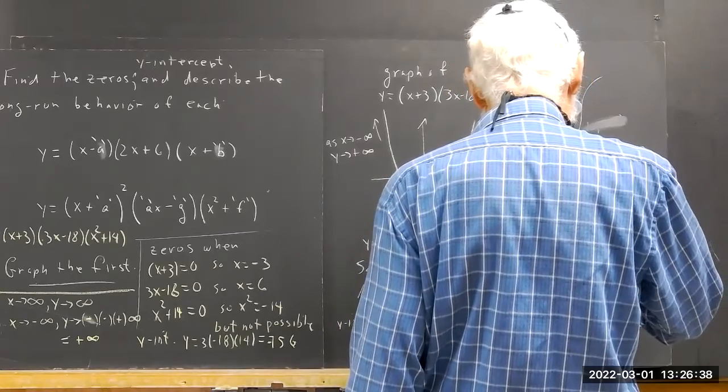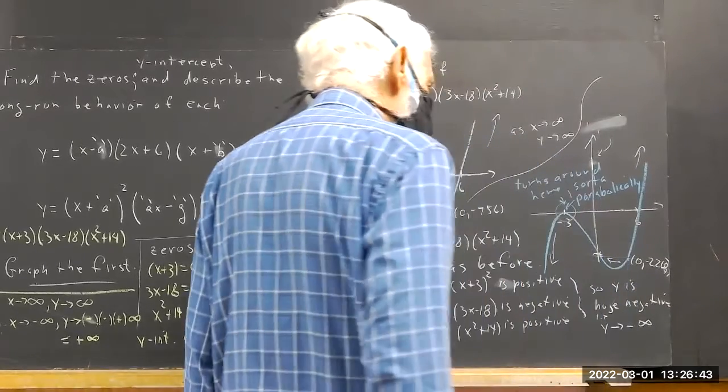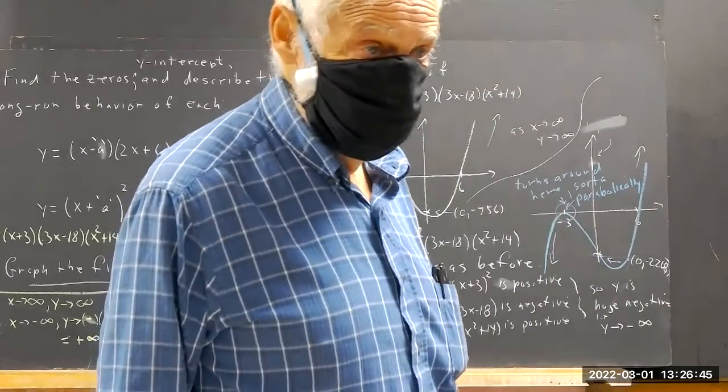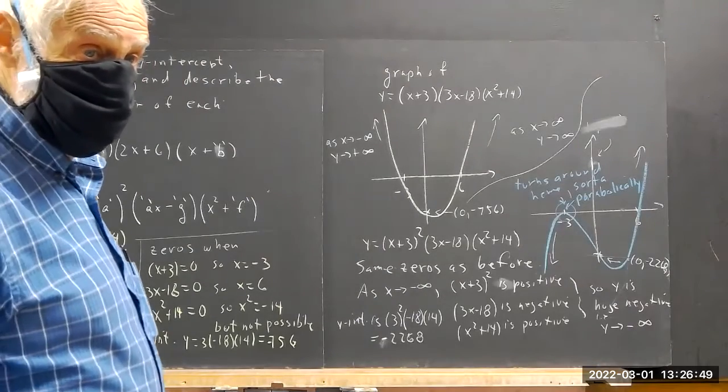I'll say sort of parabolically. At least in the immediate vicinity of this, it looks a whole lot like a parabola. Well, actually, it is a whole lot like a parabola right there.